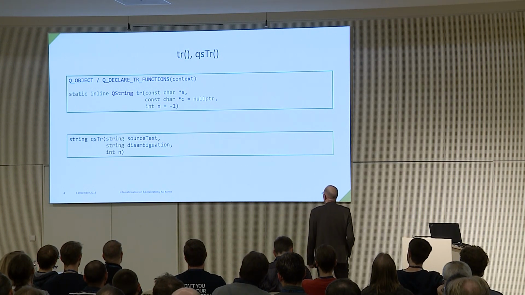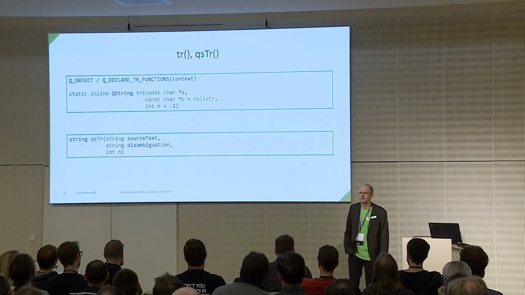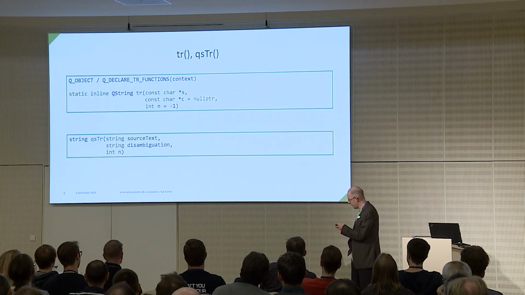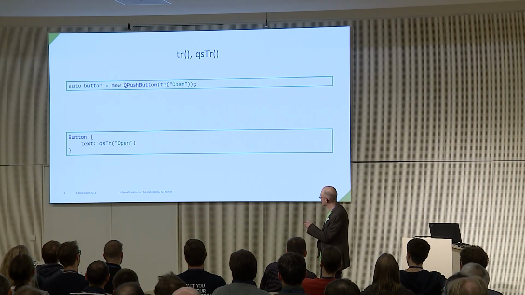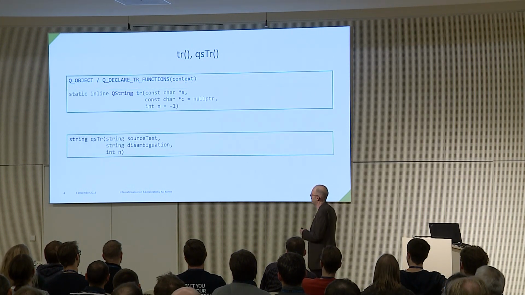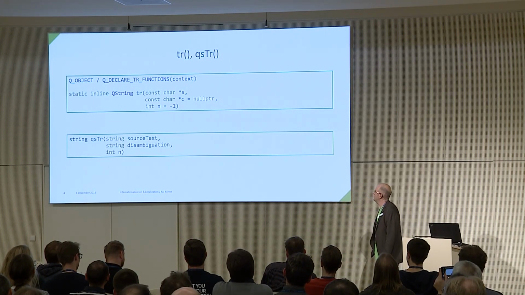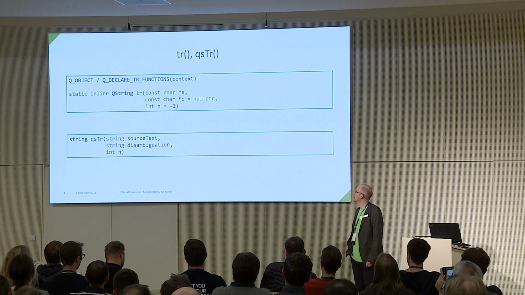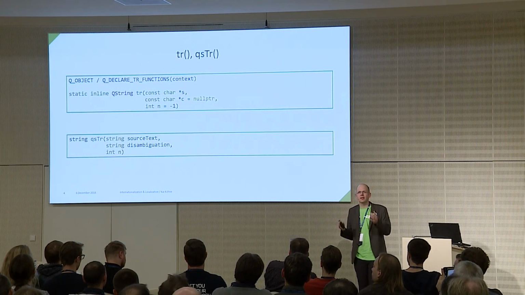Now, why that? Because tr has the notion of a context. The one thing we've seen so far is pretty clear: there is a string, but there is also an implicit context that you can see in the whole toolchain. That is to divide the translations and group them semantically together.